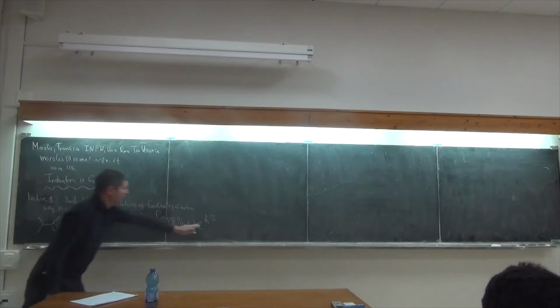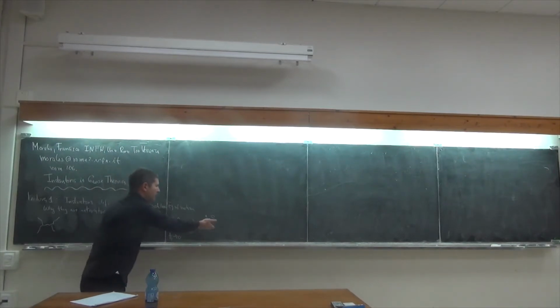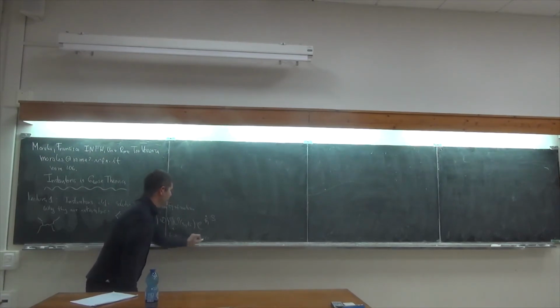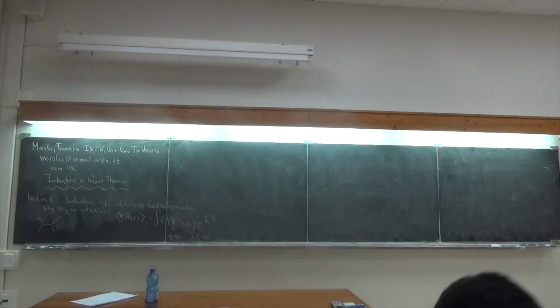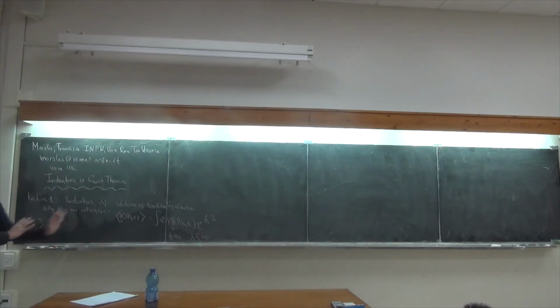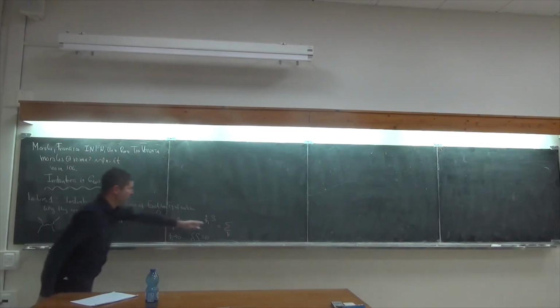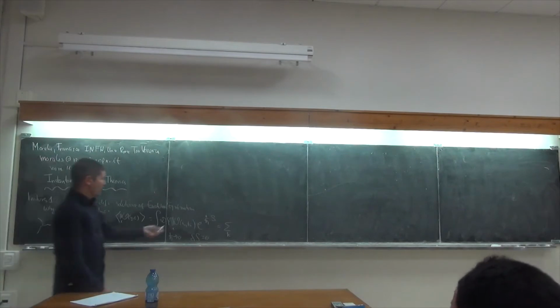We know that in the classical limit, where ħ goes to 0, the basic contribution comes from the minimum of the action, where the variation is equal to 0. Instantons, as we will see, are just the solutions of these equations. Why Euclidean, we will come to in a few minutes. Then you can imagine this as a sum over all possible vacua, meaning all solutions of this equation, with some coefficients.